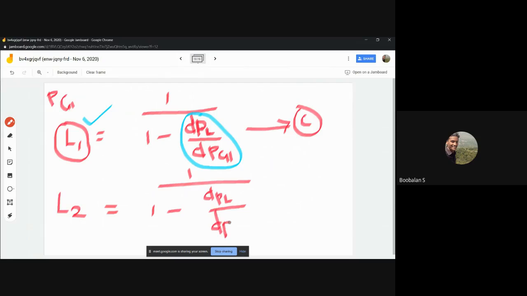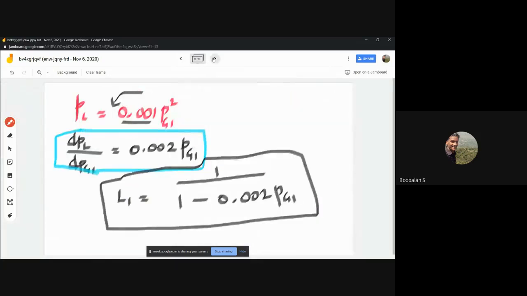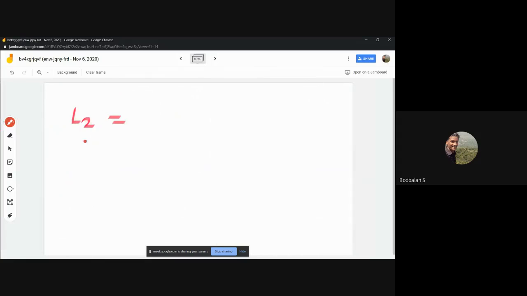Now dPL by dPG2, this is equation number D. Now we have the equation for PL. Once again I'm going to recall it: PL equals 0.001 PG1 squared, but in our equation there is no PG2.